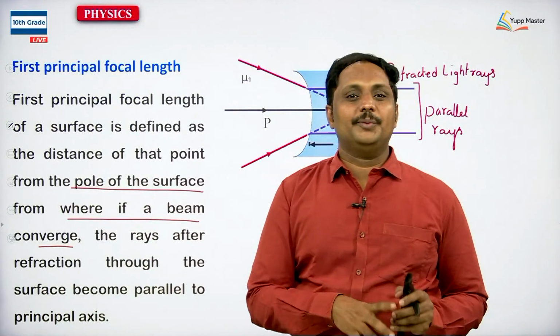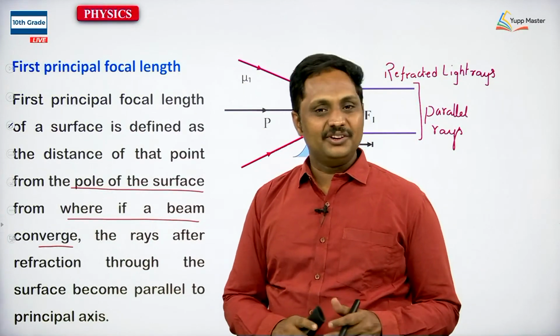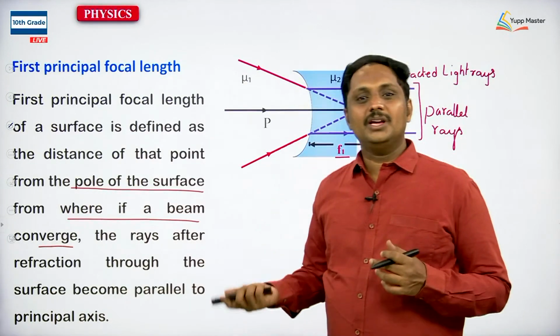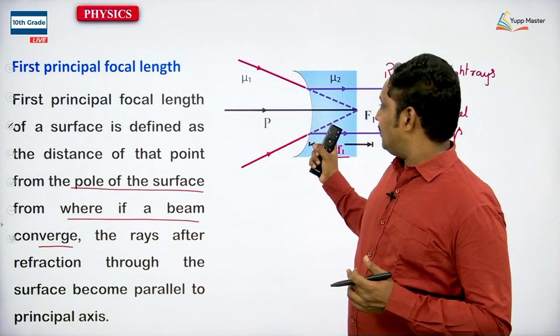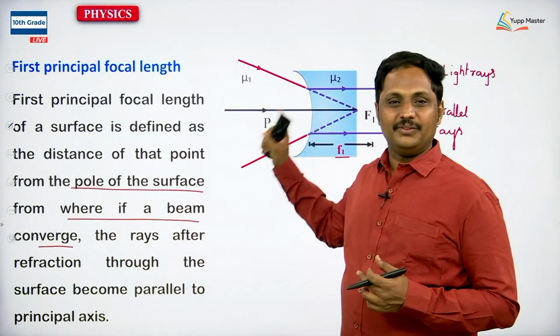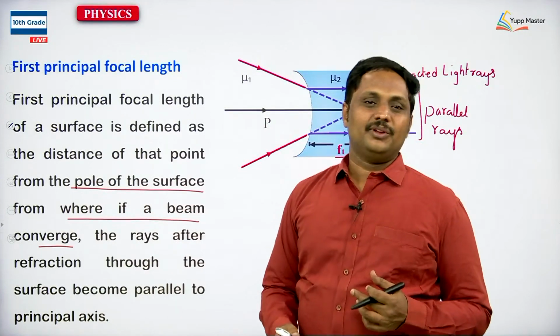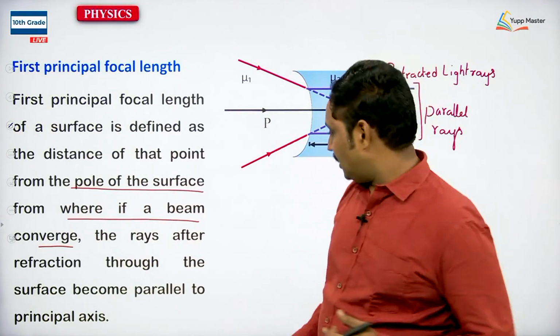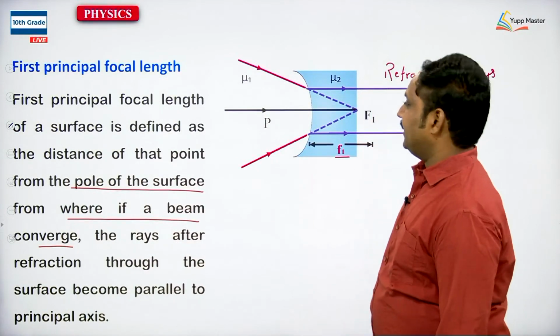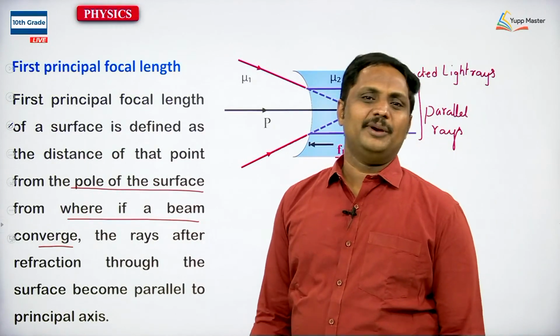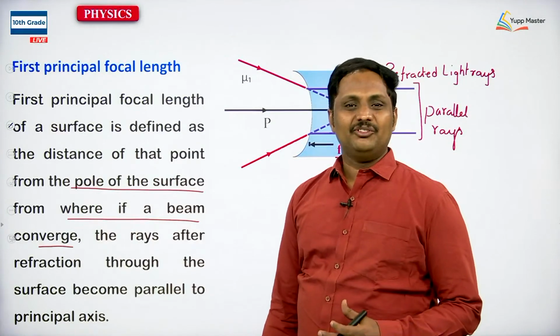We have to remember this point. As per the sign convention, for a concave refracting surface it is positive, and for a convex refracting surface it is negative. Sign convention plays an important role in the measurement of object and image distance also.